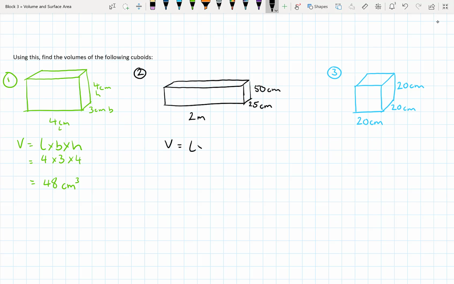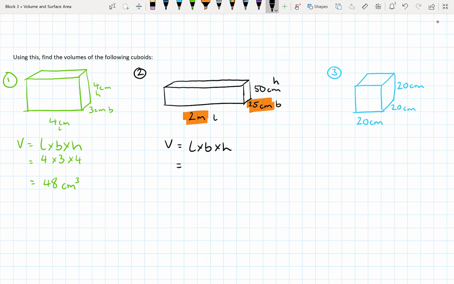Second one. Volume equals length times breadth times height. It's still a cuboid, and it's the same formula. The problem this time though is that some of our numbers are in different units. My length is 2 metres, but my breadth is 25 centimetres. So I'm going to need to change one or two of them so that they all match.